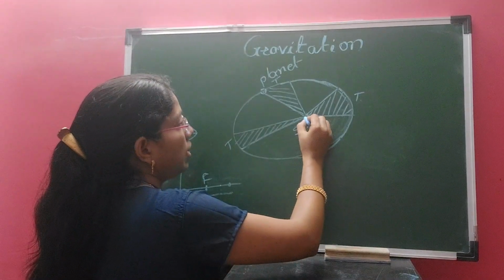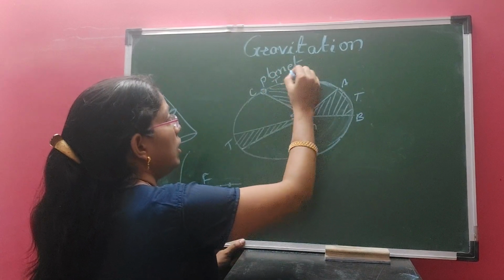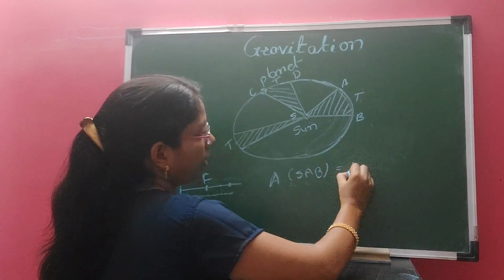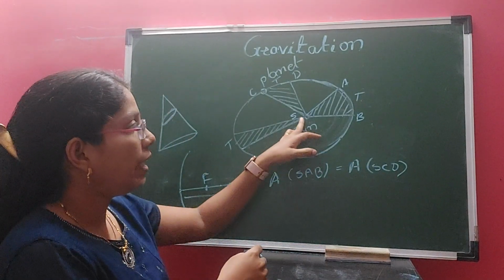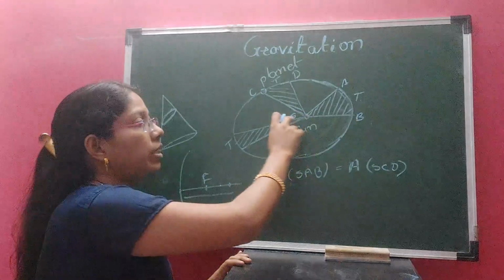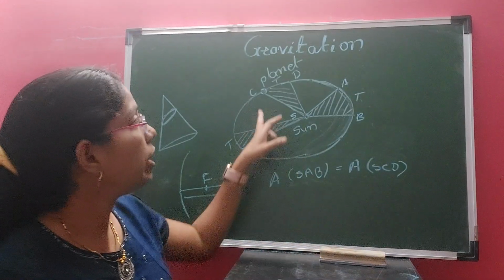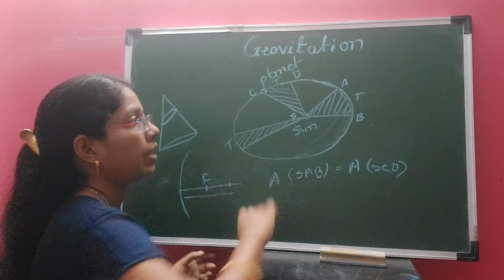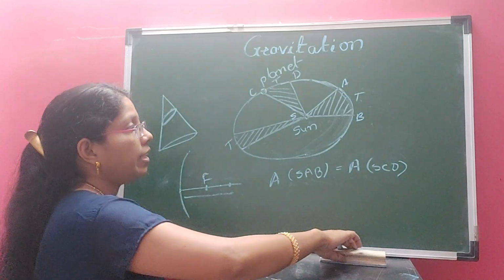So the area SAB is equal to the area SCD. That is the second law of Kepler. I will repeat once again: the line joining the planet and the sun sweeps equal area in equal intervals of time.